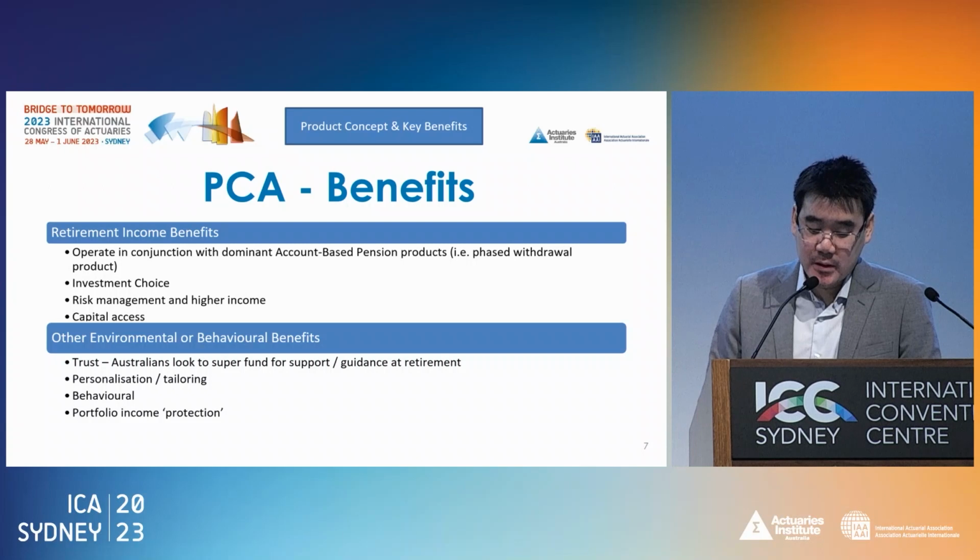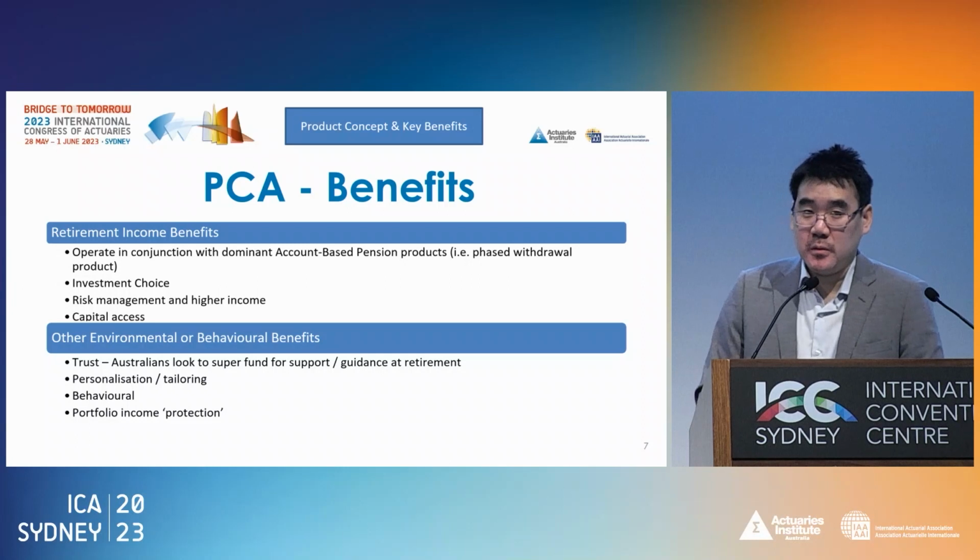So the PCA, we think, is valuable because it can provide that protection to the member, allowing them to draw down at a higher rate than what they might be anchored to with the minimum legislative drawdowns. And also, depending on the fee or cost of how you design the PCA, members can still have majority access to their capital of their savings should they need to.